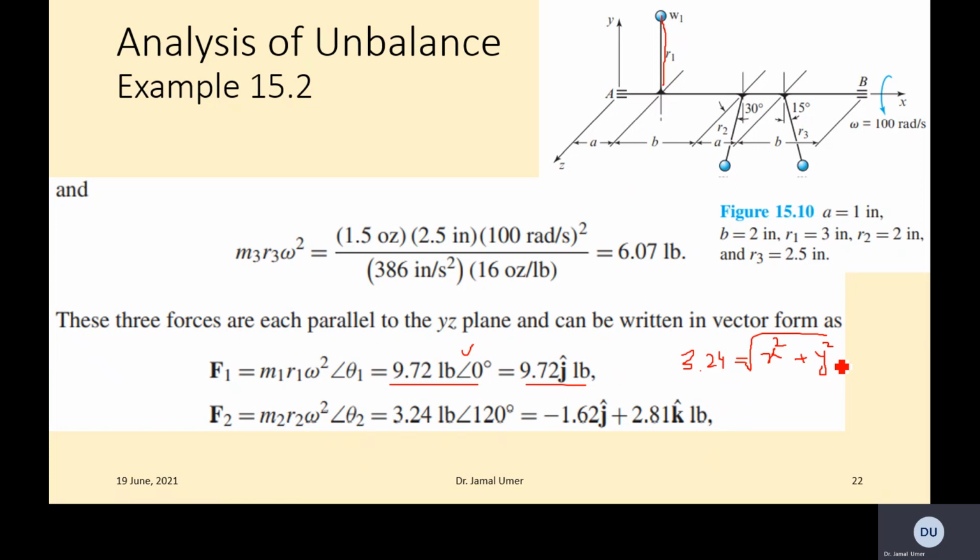Basically, the two components, when you square them, add together and take the square root, give you the magnitude. The same way you can find the angle. The angle is a relation with tan theta, which in Pythagoras theorem is y over x. That's the way you find it.